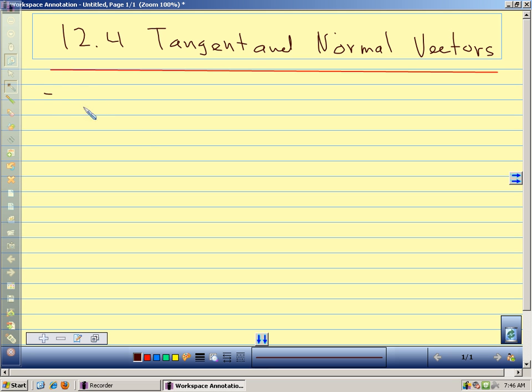When we have some vector valued function, we're thinking of, on Friday, we talked about r of t being a position. We decided that r prime of t was tangent to the curve represented by our position vector, represented by r of t.